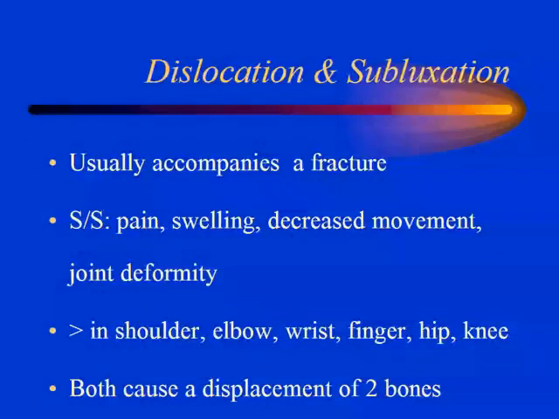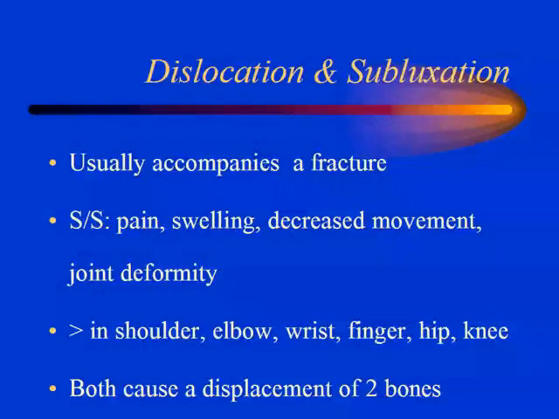Dislocations and subluxations usually occur in people under the age of 20, if they have a congenital or acquired disorder of balance, joint instability, or incongruities in articulating surfaces of bones. In other words, they don't mesh appropriately. It usually accompanies a fracture. Symptoms are pain, swelling, decreased movement, and a joint deformity.